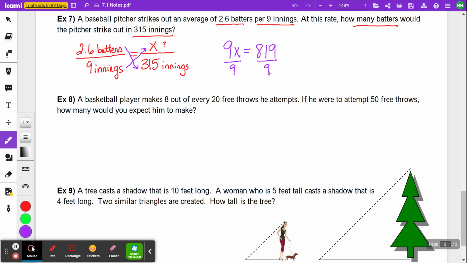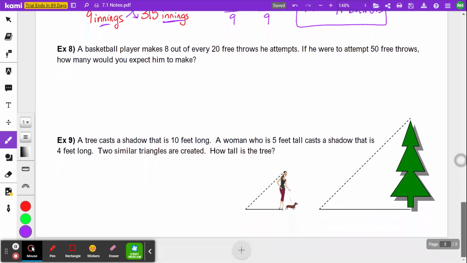So 819 divided by 9 gives me 91 batters. So if this person pitched 315 innings, they should strike out about 91 batters. Again, setting it up so that they match. Batters over innings, batters over innings. Okay? Same thing down here.